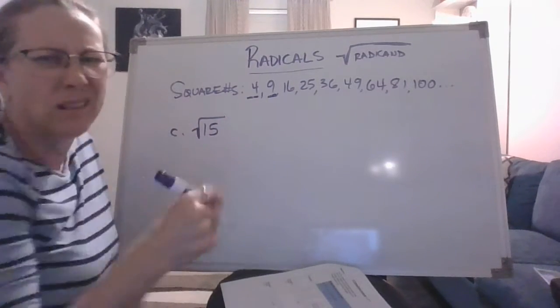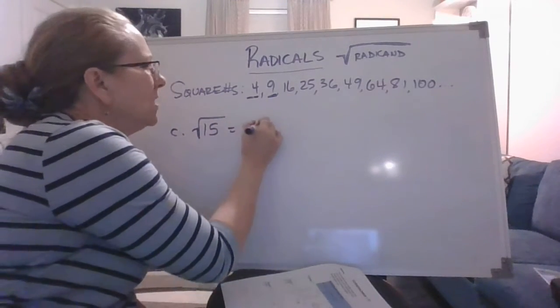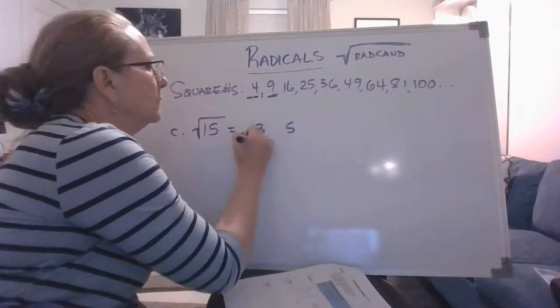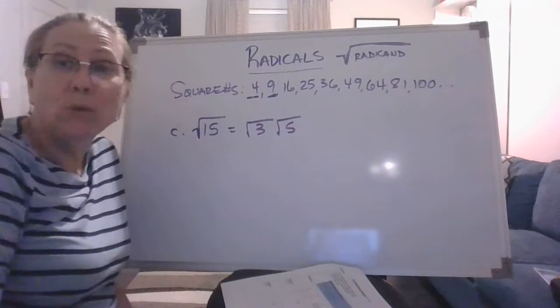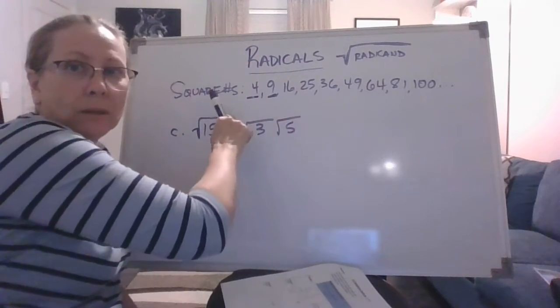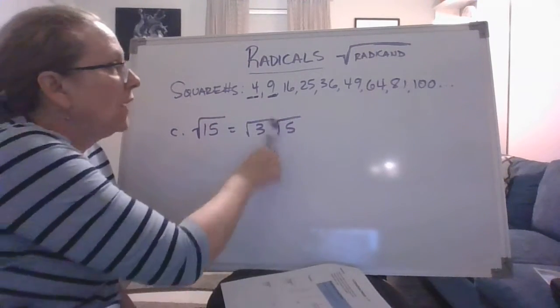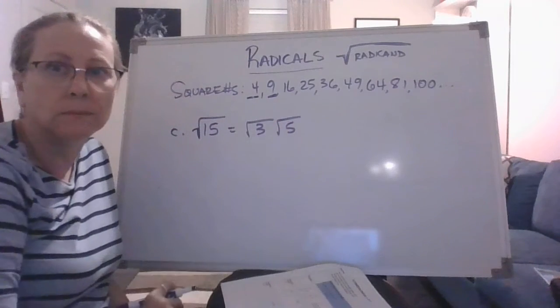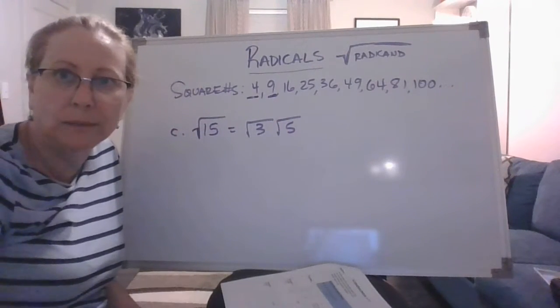And so if you're like, oh, square root of 15, no big deal. That's 3 times 5. Well, 15 is 3 times 5, but is 3 on the number list up here? Is 5 on the number list? No. So can it be simplified?